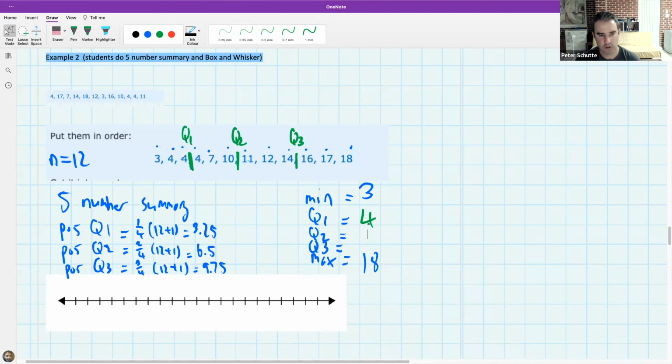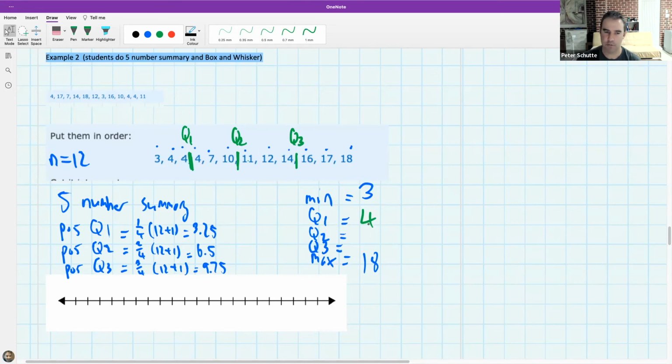Okay, so once you've got your 5-number summary, you guys can start drawing your box and whisker plot. So Rachel, be careful, because Q2 falls between 10 and 11, you're actually going to need to get 10 and a half. With percentiles, we round to the nearest value. With quartiles, I know it's a little bit strange, you have to average out the values that are closest.